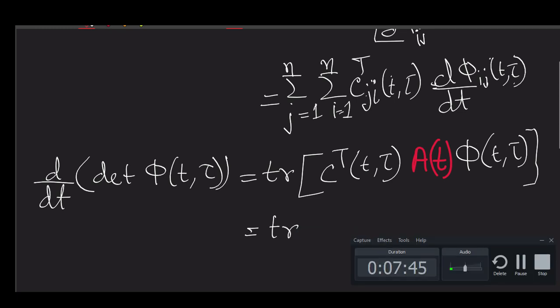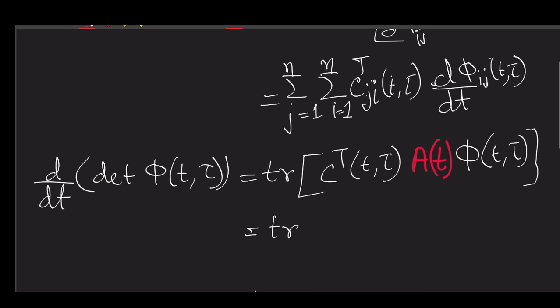So just let me check whether it's recording. Yeah, thank God it's recording. So what you will get here is C(t, tau) phi, sorry, just a minute, let me do what I can do best, some copy paste.